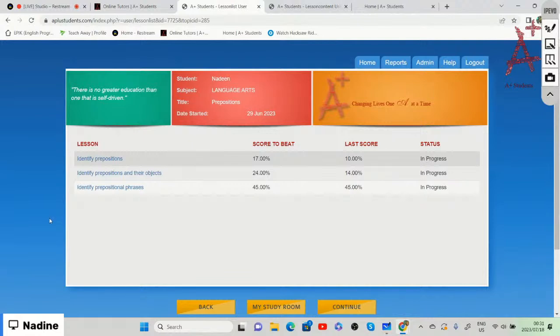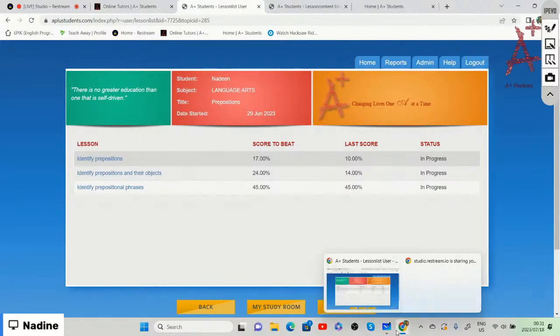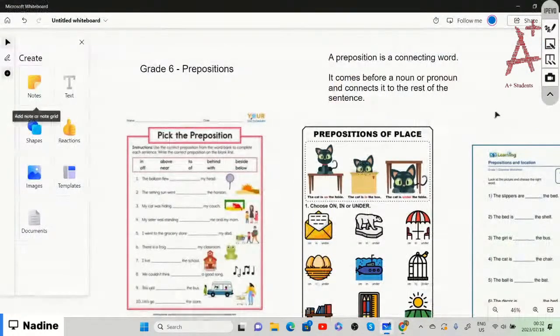So before we go on to identify prepositional phrases, we are going to do an activity on prepositions. We say that a preposition is a connecting word and it usually comes before a noun or pronoun, and it connects it to the rest of the sentence. And remember, the noun or pronoun that comes after the preposition, we call the object of the preposition.